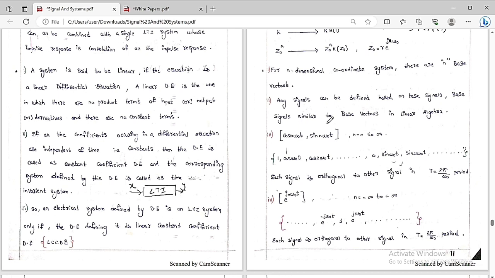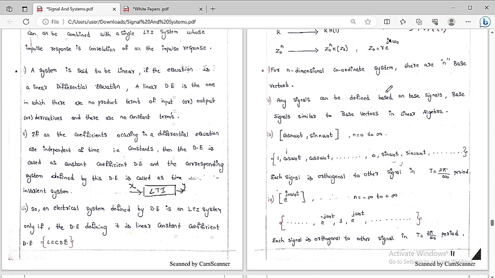Now the next point is, any signal can be defined based on base signals, similar to base vectors in linear algebra. I have already told you, in linear algebra, with the help of base vectors, we can represent any point in the coordinate system.